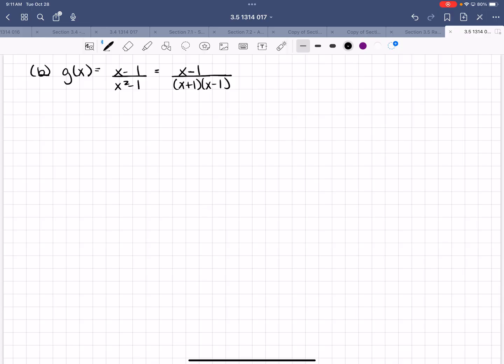This time, what do we notice? Both have an x minus 1. So my only vertical asymptote is going to be at x plus 1. So I've got x plus 1 equals 0. I subtract that 1, and that gives me x equals negative 1.